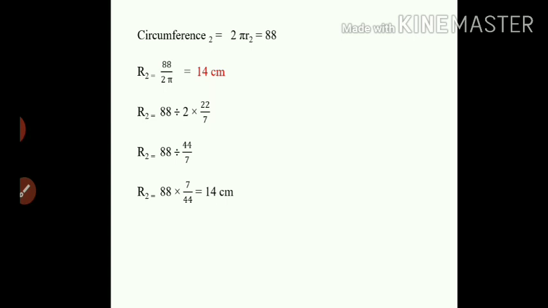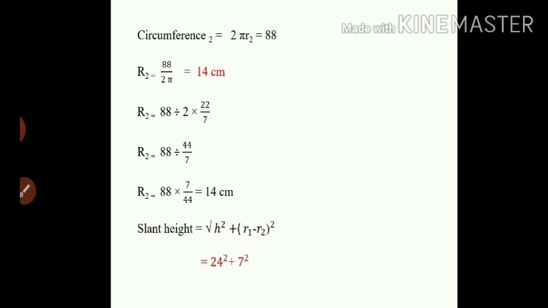Now I will find out slant height, that is C. The formula for slant height is under root h square plus radius 1 minus radius 2 the whole square. So what we get? H is given 24, square, plus R1 minus R2 means 21 minus 14.